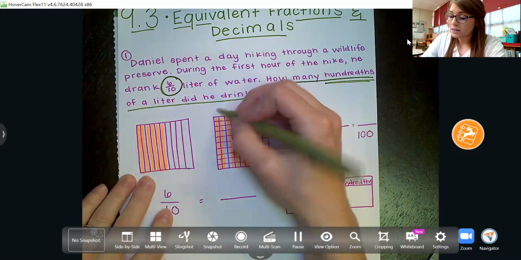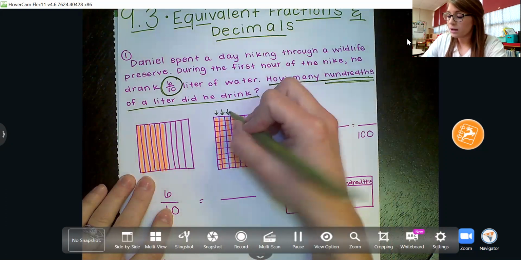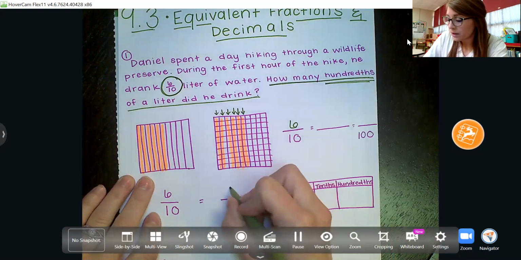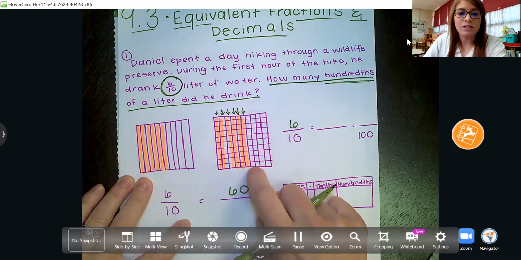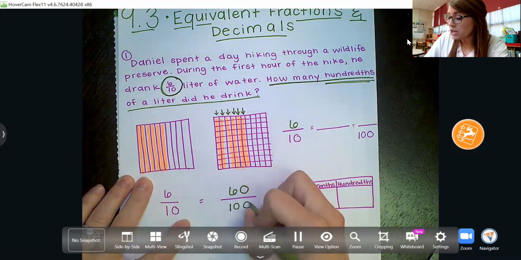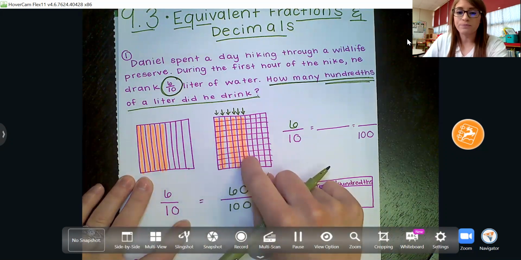I've got 10, 20, 30, 40, 50, 60 shaded in over here. And what would my denominator be for this model? Right, it would have to be 100 because there are 100 squares in this model.